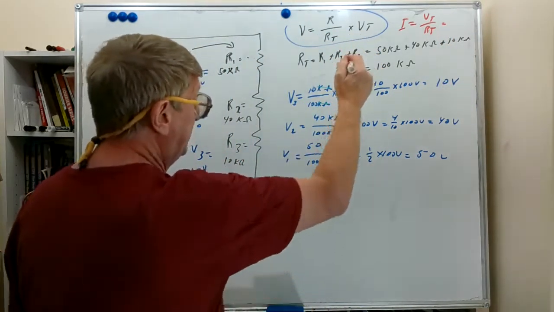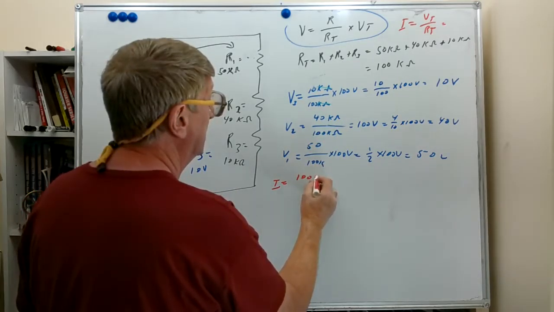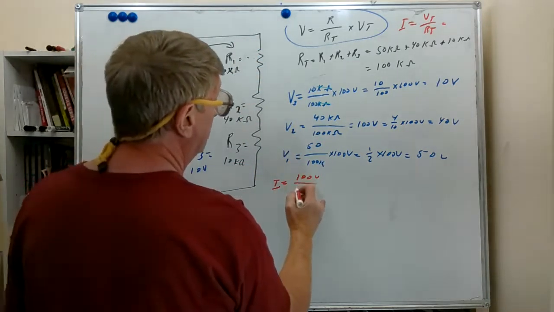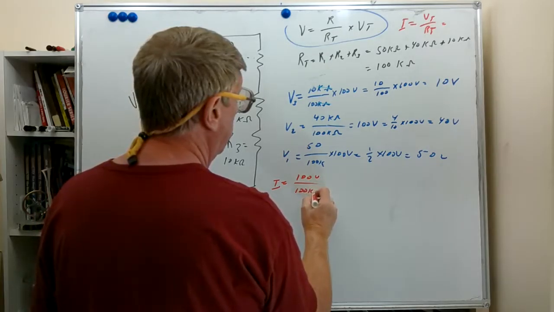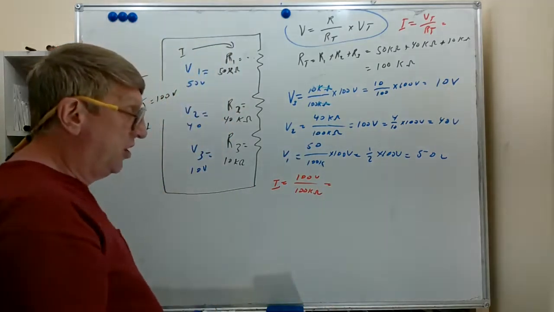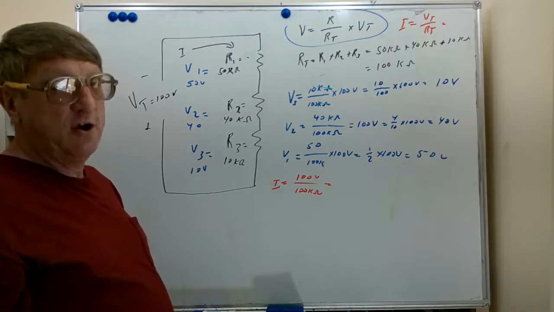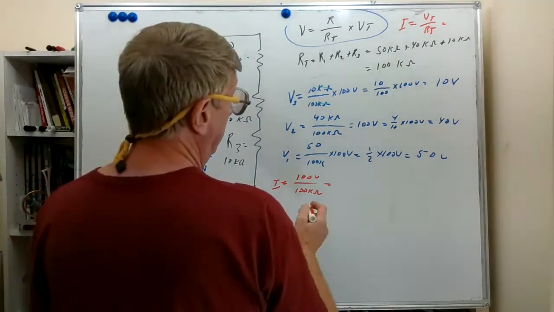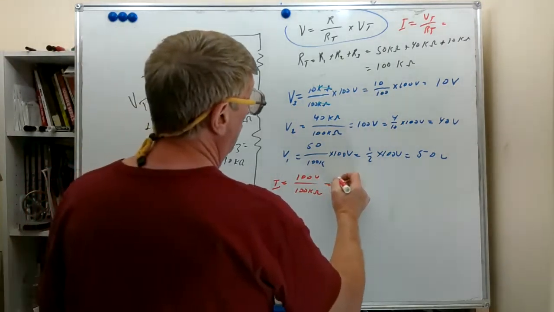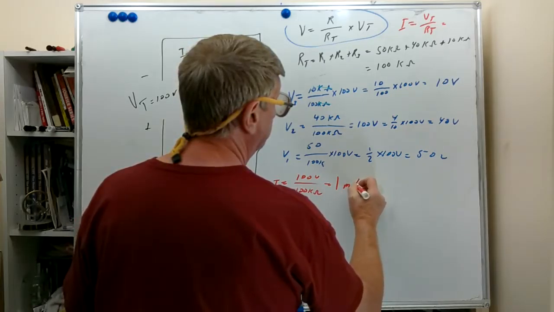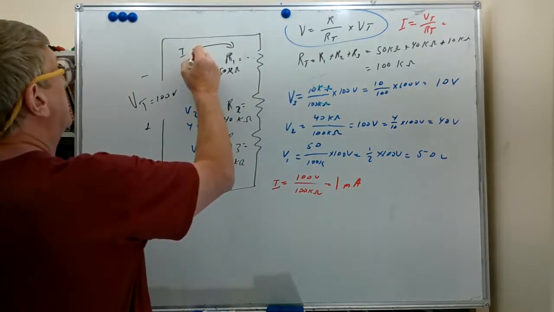I equals 100 volts divided by 100K ohms. And we've talked about before, when we divide voltage by K ohms, our units are going to be milliamps. 100 divided by 100 is 1, so we get 1 milliamp of current. We'll go ahead and write that here, 1 milliamp.